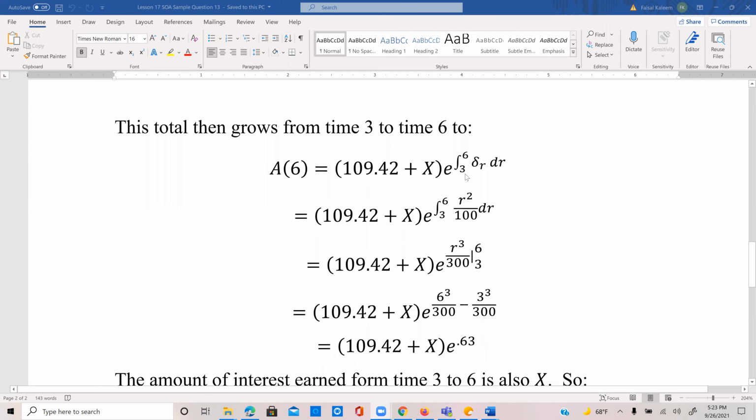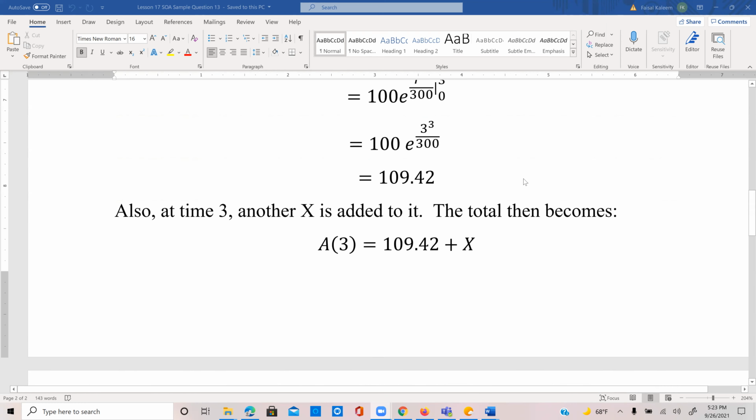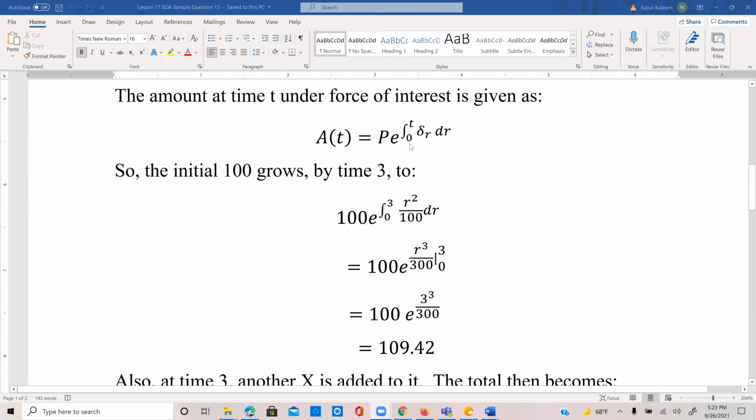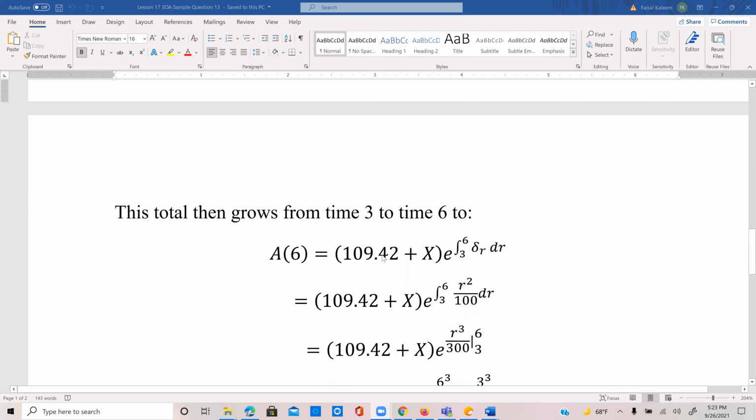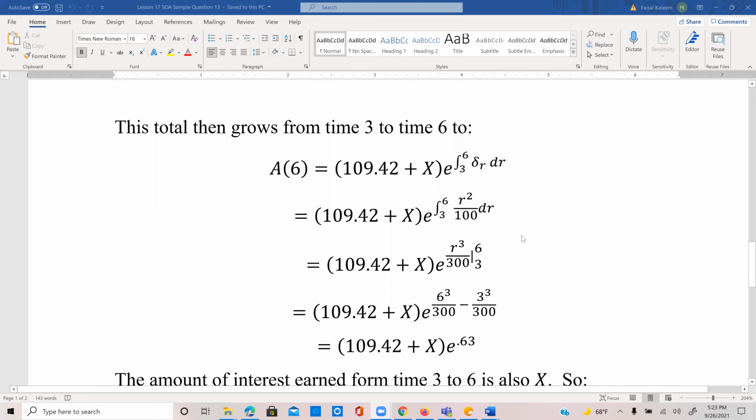Remember that the 0 in the amount function formula for force of interest is the time corresponding to when this principal is coming. So right now, this principal is coming at time 3. So the starting time instead of 0 would be 3.